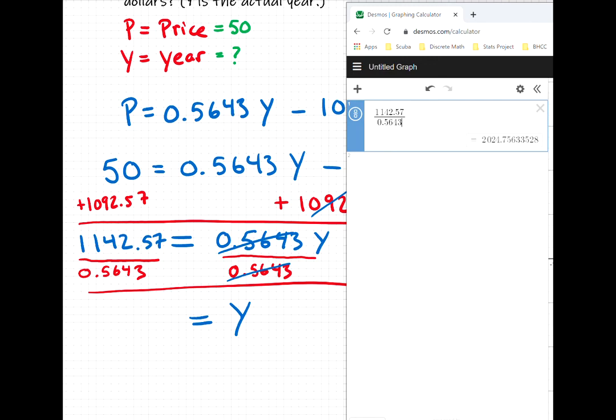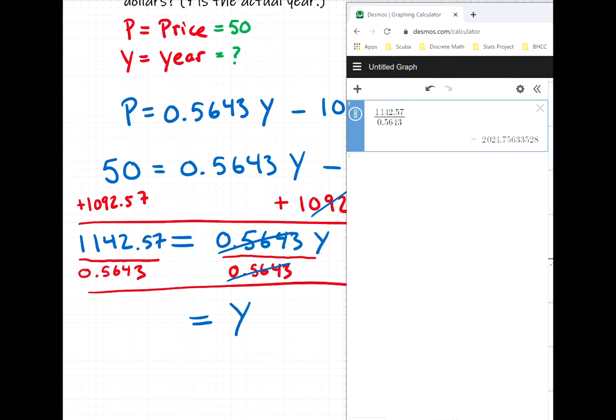We have 2024.756335528, and so on and so on. So we'll round this up because we want to know for what years. So it looks like 2024, and then around 75% or 3/4 into the year. So it's past the beginning of the year. We'll round up to the next year. So let's say that rounds up to 2025.